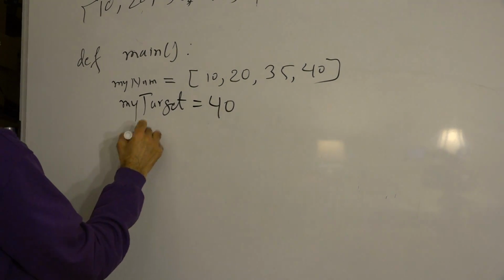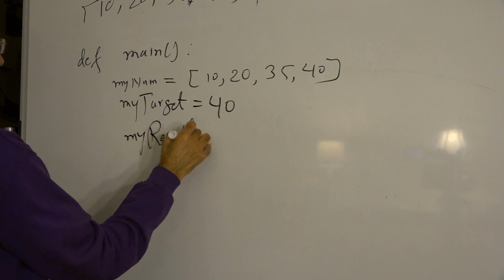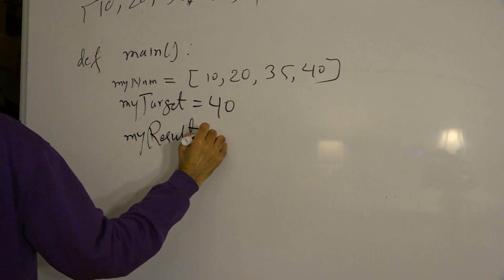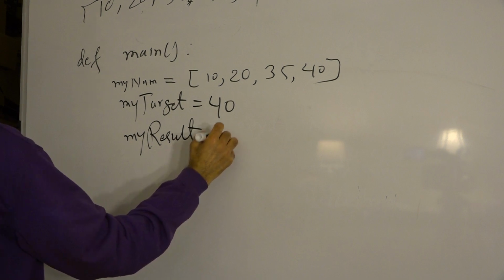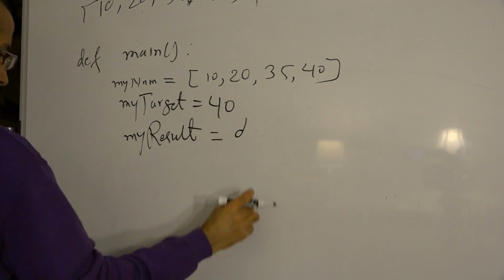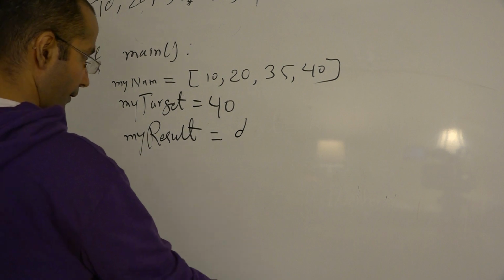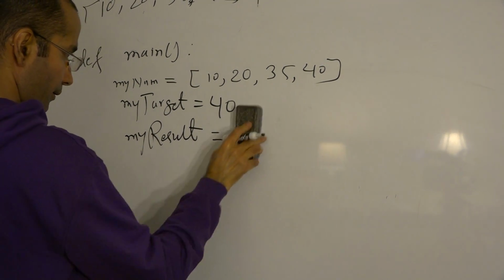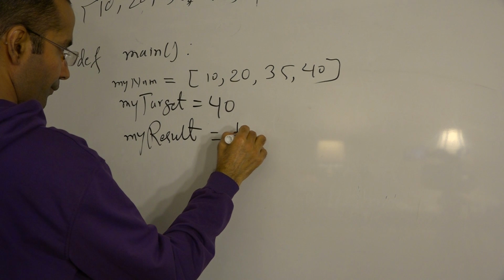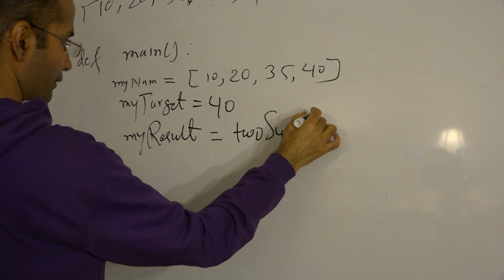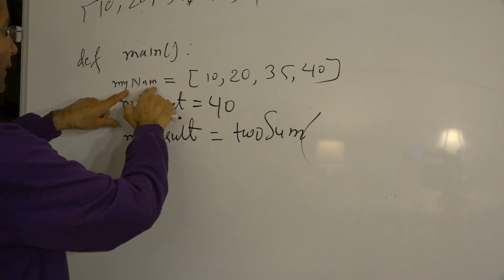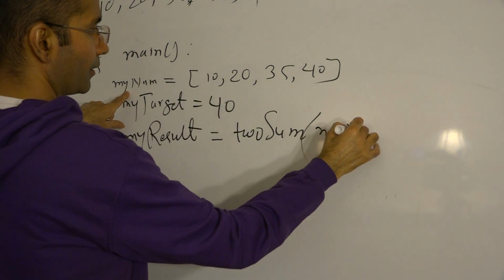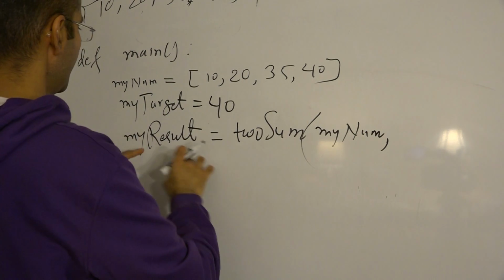and my result is equal to I call that toSum function, and then I pass my number, the array, and my target.